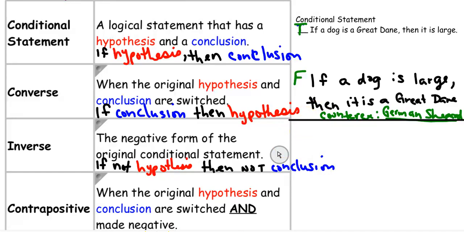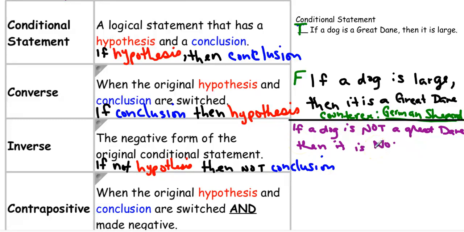All right, so our statement now is going to read, if not a Great Dane. So if a dog is not a Great Dane, then it is not large.